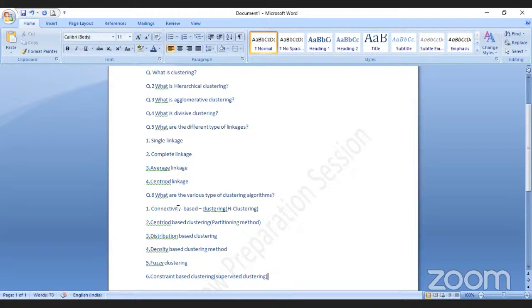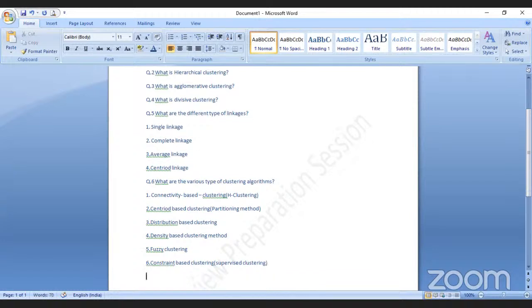So we have 6 types of clustering algorithms. Out of that, we can have some more, and from these categories we'll have some subcategories also. Here we have only 6 models which we use.